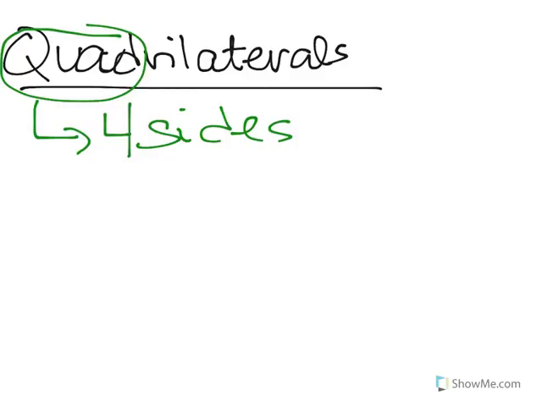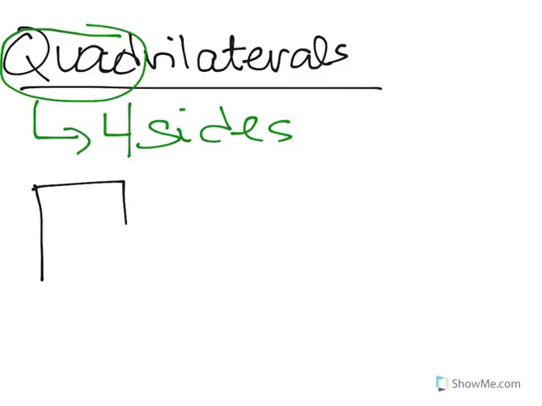So now we're going to talk about what shape is what name and what the characteristics are, and it's very important that you know these characteristics. First of all, let's list the shapes' names that you will see that have four sides.